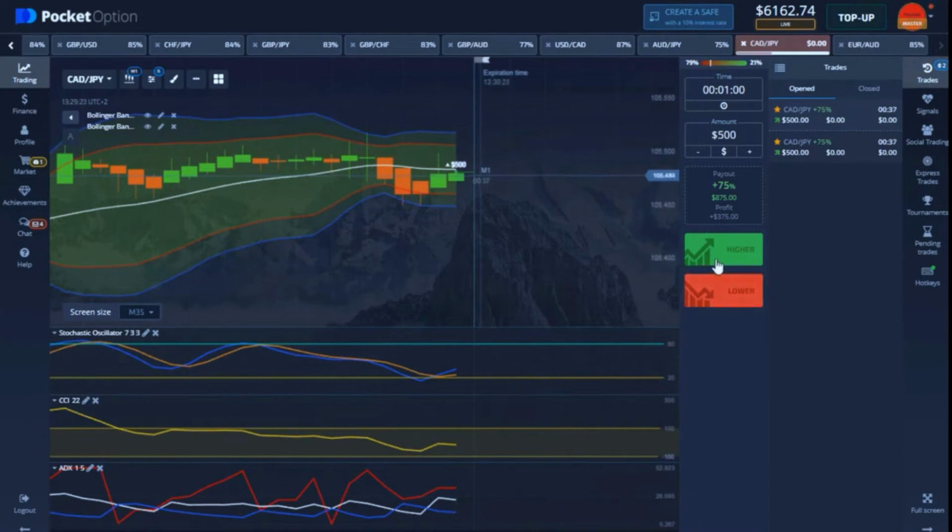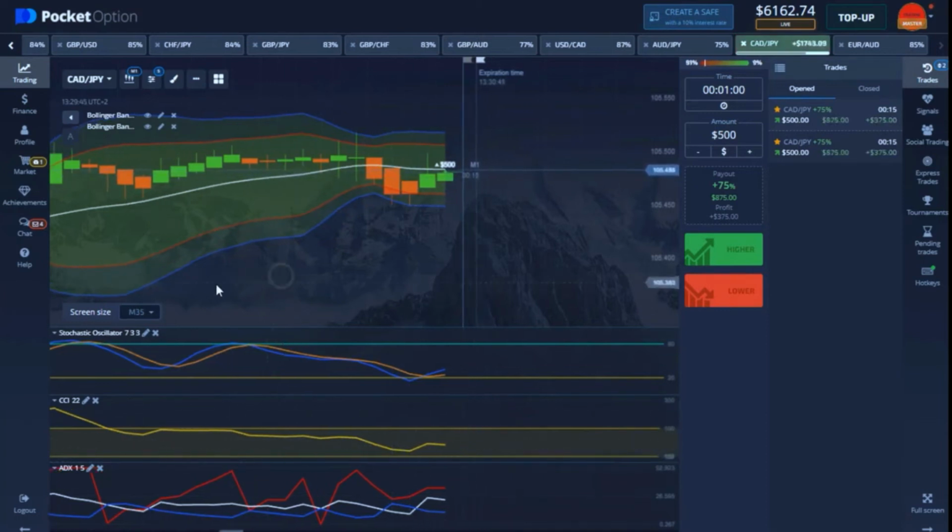But if you're taking a trade to go up, make sure you have the candle below it, just like what happened here. Another thing I observe is that we have a very good moment with our stochastic oscillator. When I placed the trade, all the ADX lines were trapped in this position, which is a very good one. The same thing with our CCI, following the trend on a very good position. So that's the reason why I placed this trade.